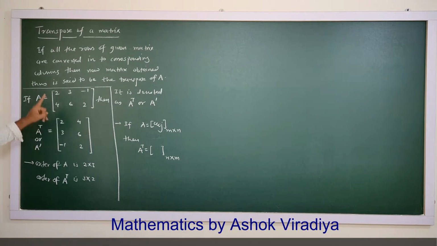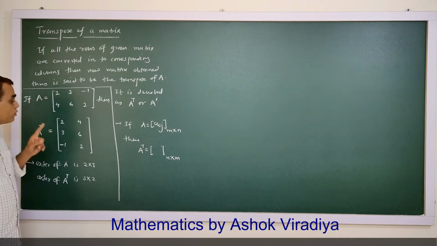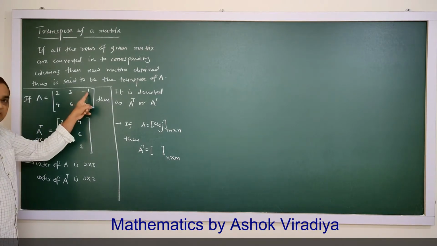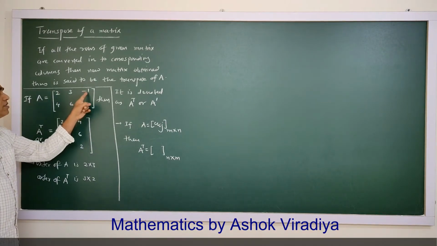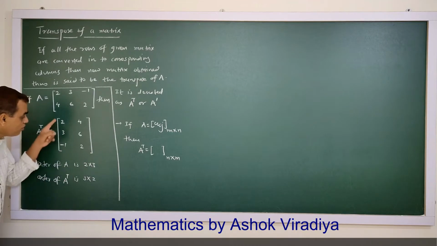Now see, A11 here is the same. 2 is at the same place. Now this is A12, 3 is A12, and here is A21, minus 1, first row, third column. So A13, and look here, it is at third row, first column.